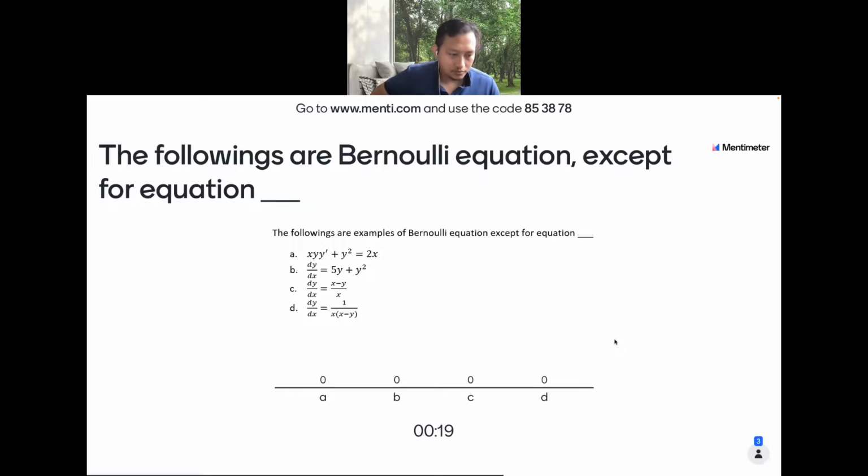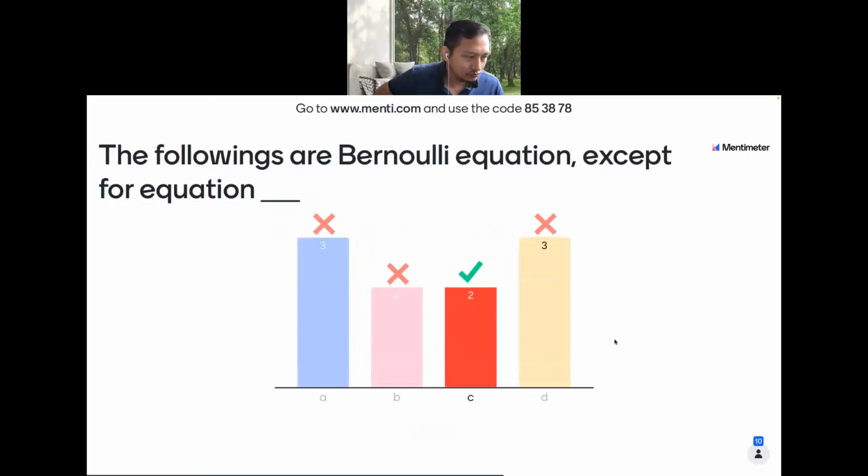You will notice that the Bernoulli has a pattern, right? From these four, they all have the pattern except one equation. Except the C.